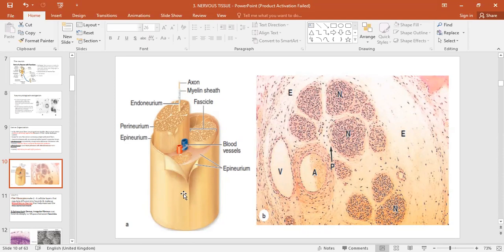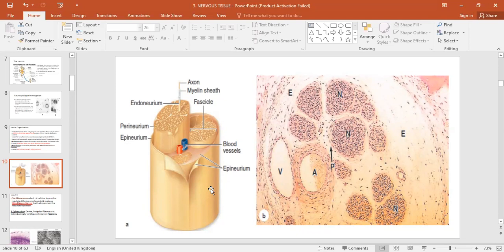So what we are seeing here is one nerve, for example, the sciatic nerve, the common nerve, especially when it comes to nursing. Now, what is found inside there? First of all, the nerve is covered in connective tissue. The whole nerve, meaning what is inside are bundles of axons.